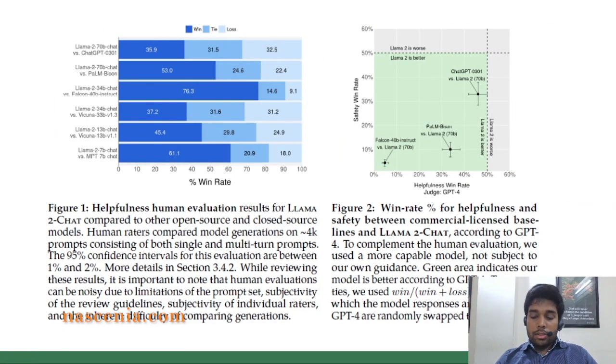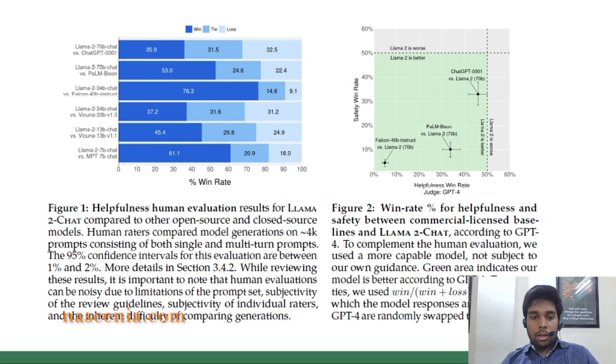So these are some stats on LLaMa 2 versus other models. As you can see here, on the human evaluation metric for helpfulness, LLaMa 2 beats other models such as ChatGPT, Falcon, which is Microsoft's large language model, Vicuña, and Palm.